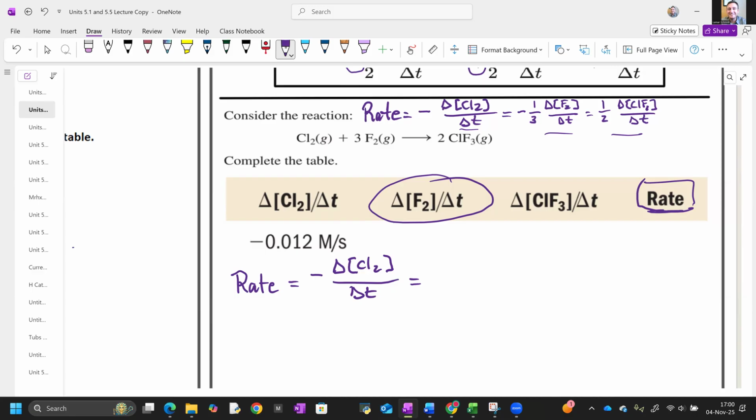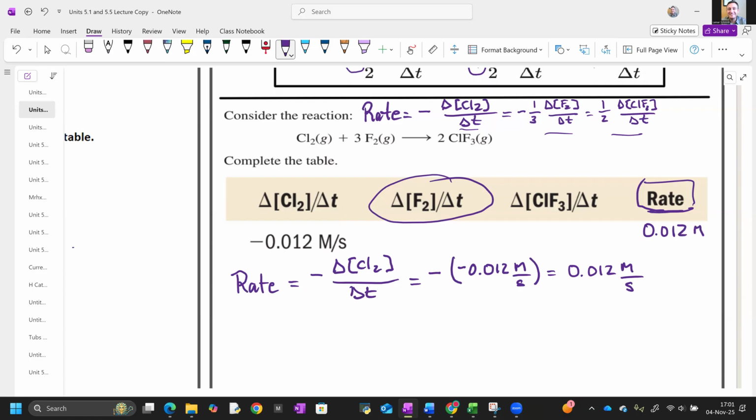And so what this is already telling us is that that value is negative 0.012 molar per second. So as we apply that to our expression, we say negative times negative 0.012 molar per second. And that actually gives us a rate of 0.012 molar per second. And so our rate is actually a positive value.